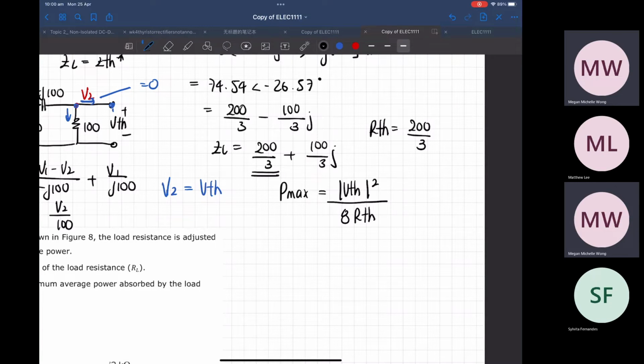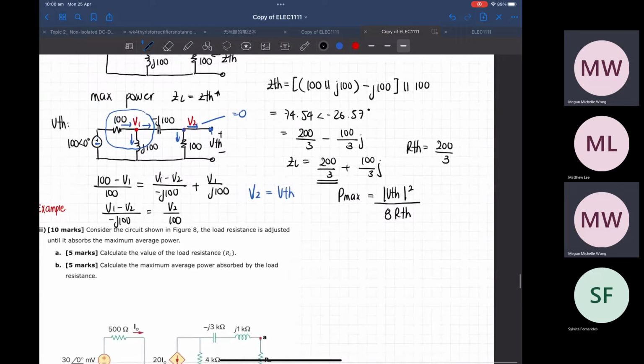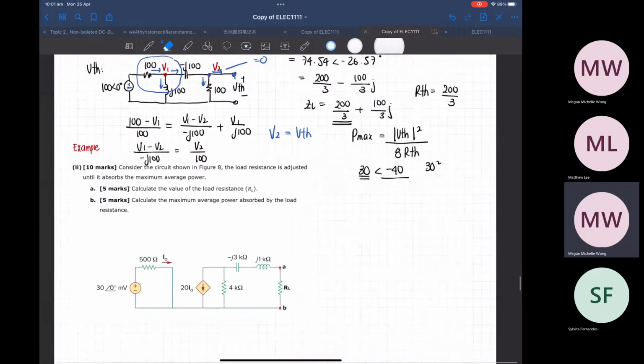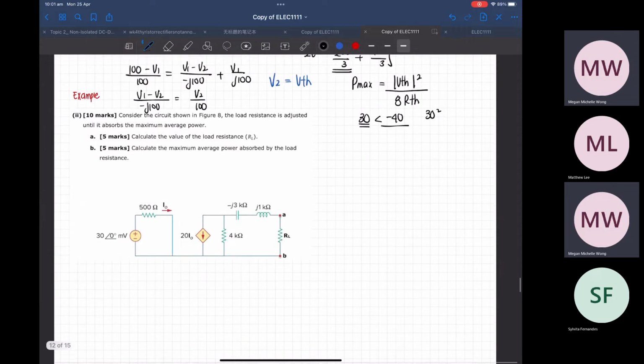And then your V Thevenin is whatever you get from here, but only the modulus. So say if you get like, I don't know, 30 angle of minus 40, you just need this 30 squared. You don't need to care about the angle. Okay, this is just an example.